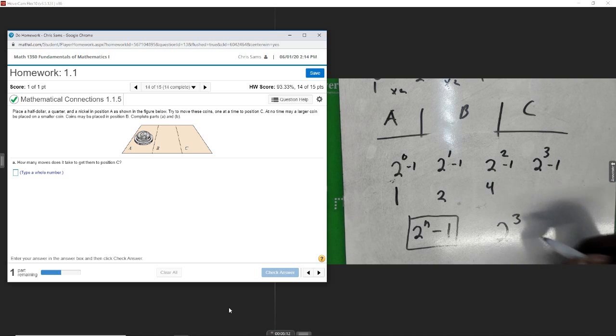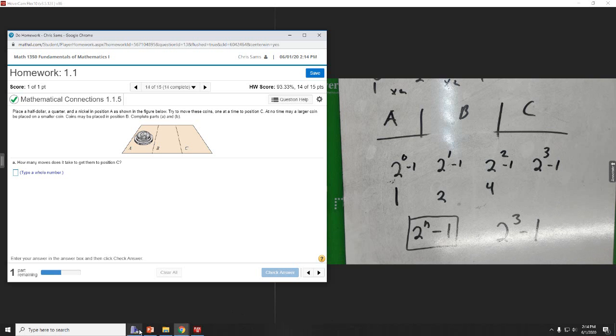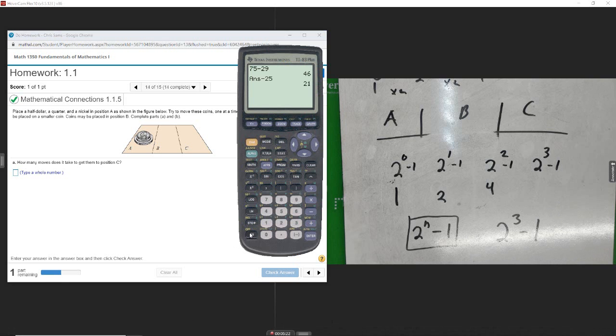It's always our base 2. We got 3 coins. Subtract 1. That will give us 2 times 2 times 2, which is 8. Or I can also punch that into the calculator. Just show you. 2 raised to the third power gives us 8, and then subtract 1 gives you 7.